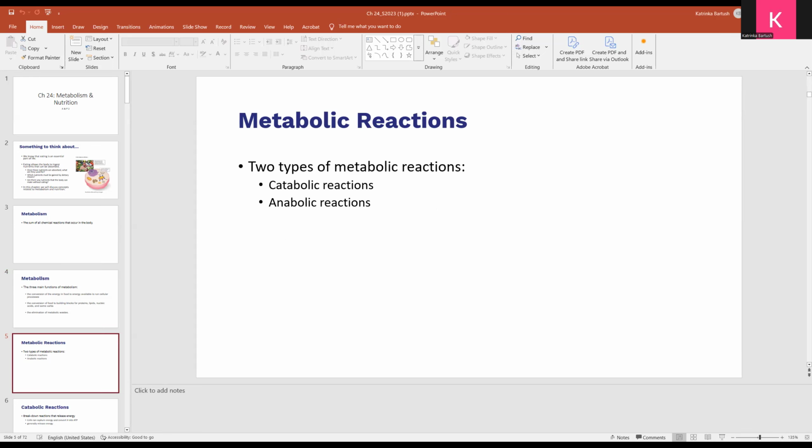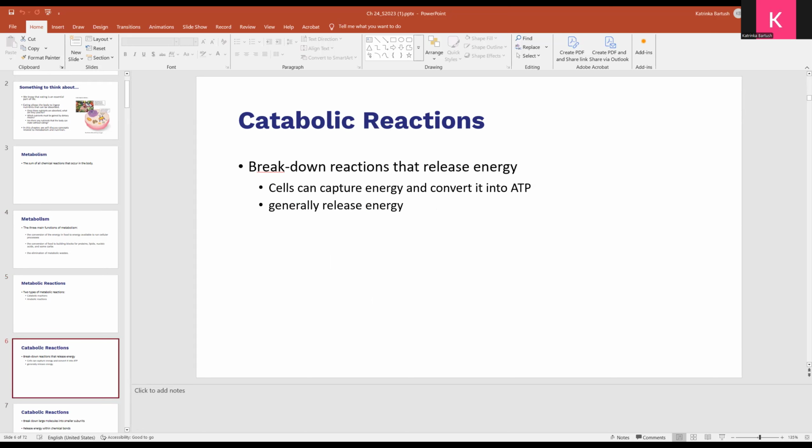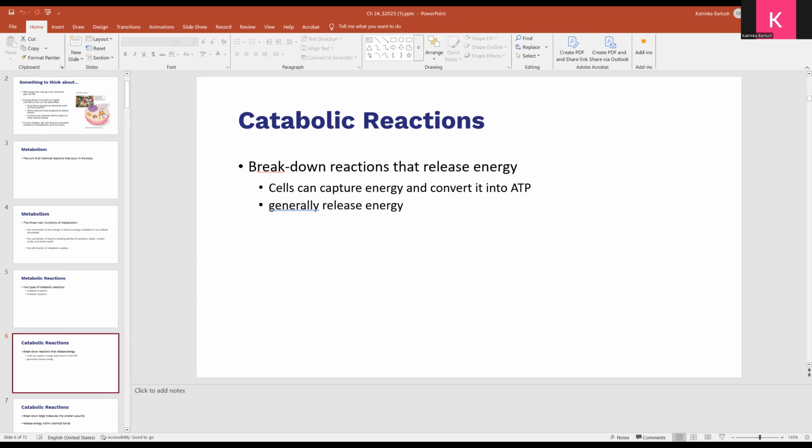There are two types of metabolic reactions, and they're referred to as catabolic and anabolic. The catabolic reactions involve the breakdown reactions. This allows cells to capture energy and convert it into ATP, which is the usable form of energy for our cells.